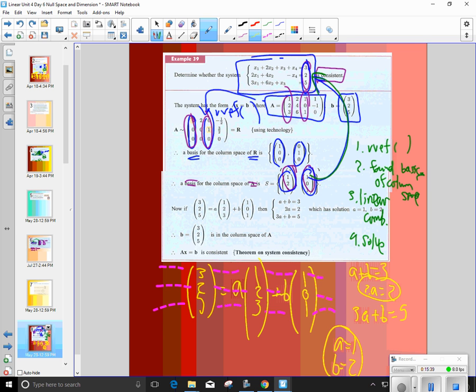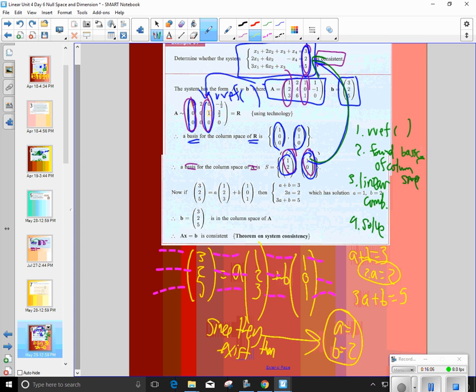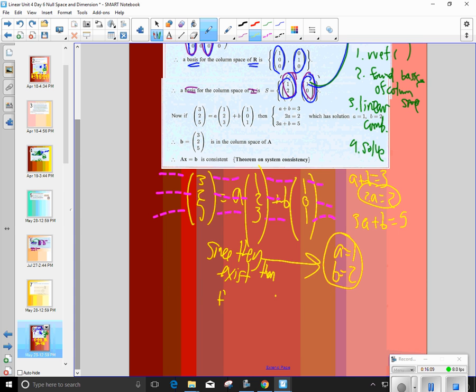So there you go. So those are your two values that will make b consistent. And so since they even exist, then Ax equal to b is consistent.